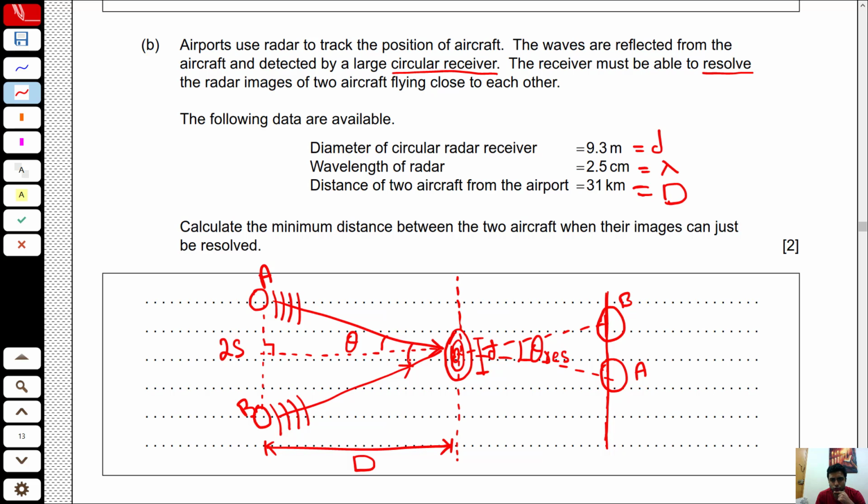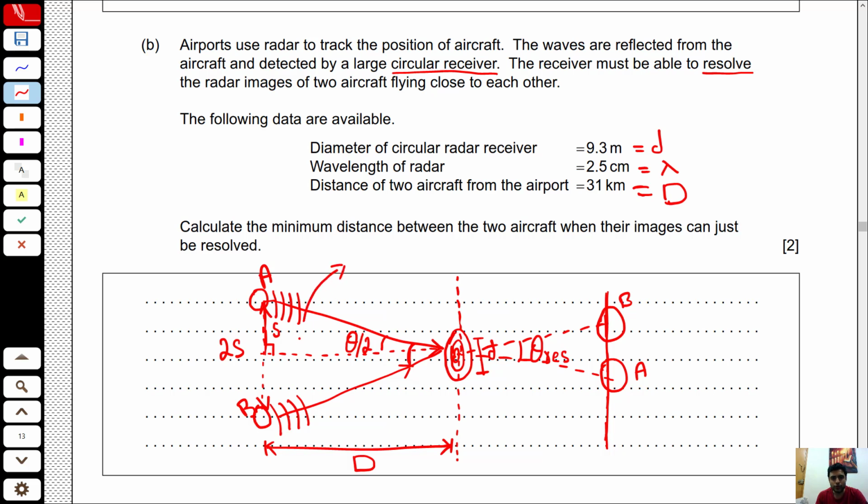This total angle is theta, so half of it will be theta divided by 2. And since the total length is 2s, half of it will be just s. So let's just talk about this triangle only.